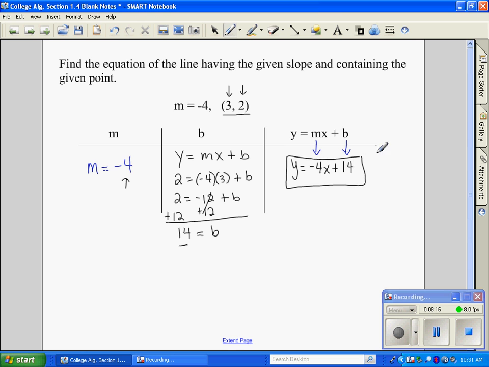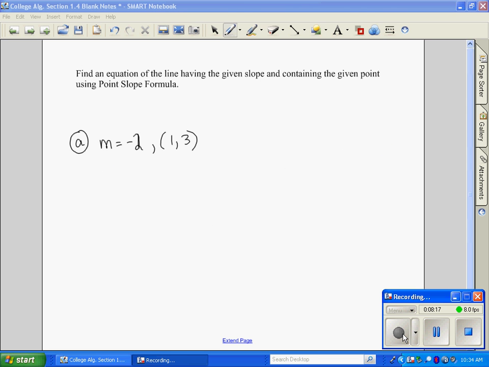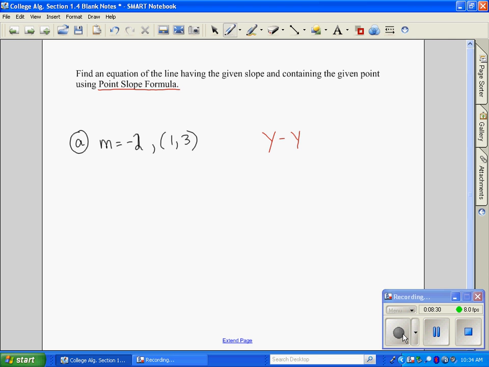For the most part, we will use the slope-intercept formula, but this particular problem asks us to find the equation using the point-slope formula. So from that first page, it's y minus y1 equals m times (x minus x1). And so when they give us these values, we have an m and we have a point.